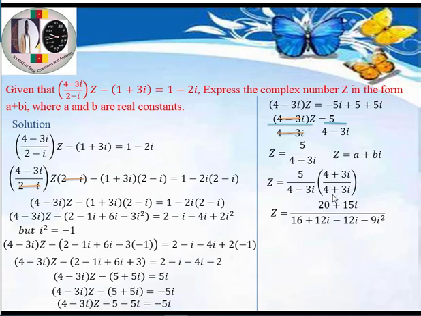We'll have 4 times 4 is 16, 4 times 3i is 12i, minus 3i times 4 is minus 12i, and minus 3i times 3i is minus 9 i times i, and i times i is i squared. Again, remember we said that i squared is minus 1.